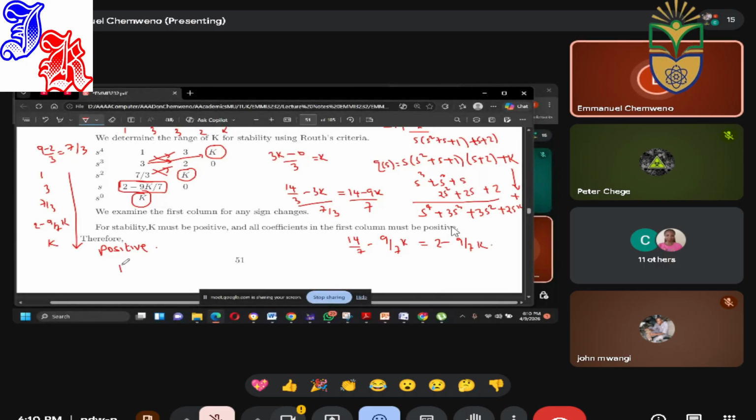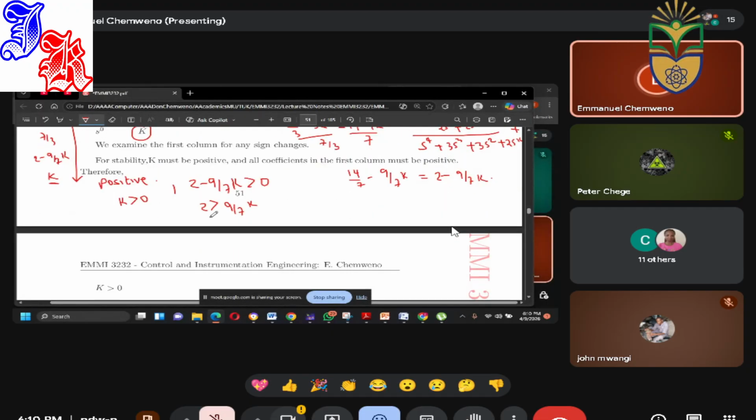It is clear that k should be greater than 0 for it to be positive. The second one, 2 minus 9/7k, must be positive. Or how do I put it? 2 should be greater than 9/7k.